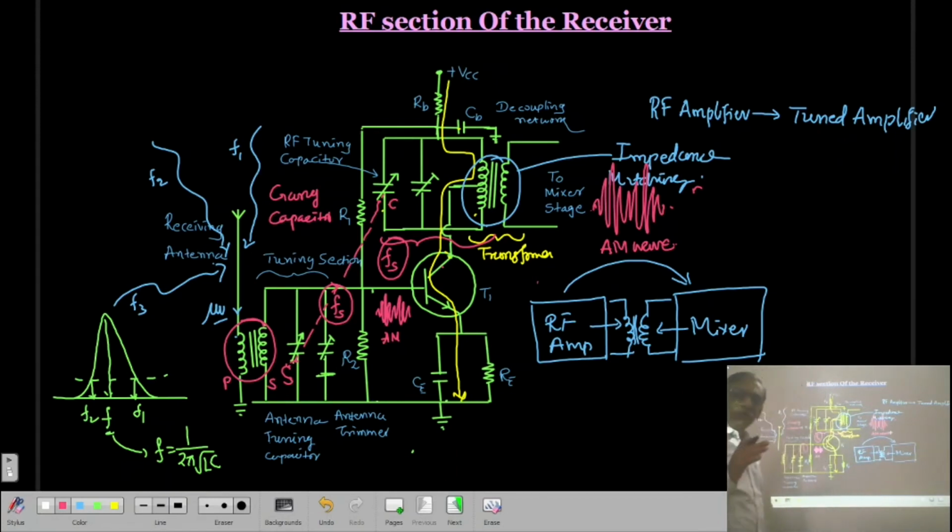Now let us see a few advantages of using an RF section. Remember, I already mentioned that the RF section is not mandatory. In a commercial or domestic radio, this RF section is not there, because in that case we are receiving a local station, and the electromagnetic waves are already powerful. You don't need to amplify this; you can apply it directly to the mixer stage.